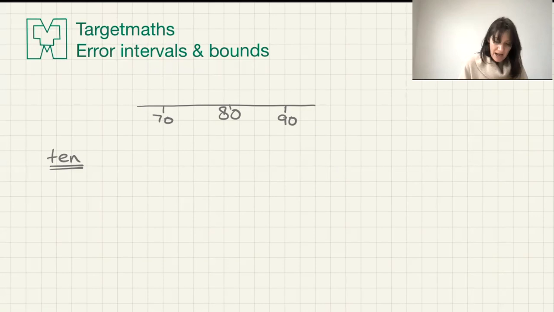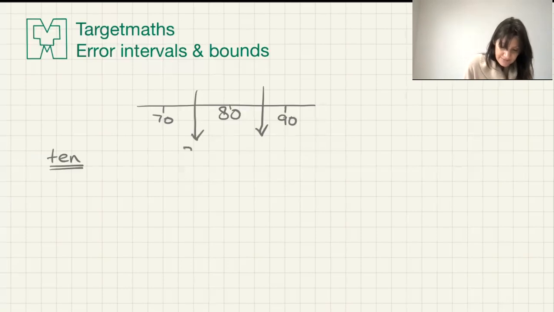That's my tens number line. Now, halfway are my rounding points, 75 and 85. It makes it really easy to identify those halfway points if we actually draw out a number line. So I would really encourage this as a method.